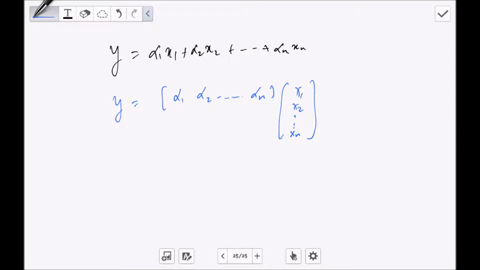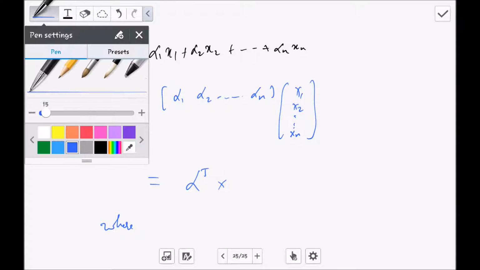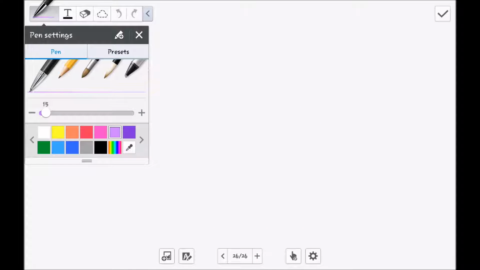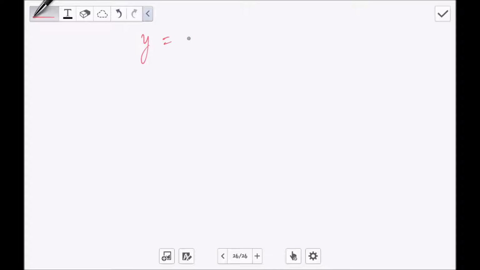Making these a random vector may not be of physical importance here, just for convenience. So I'll write this as alpha transpose x, where alpha is alpha 1, alpha 2, so on up to alpha n, and x is x1, x2, so on up to xn. So we now have this simple y equal to alpha transpose x.